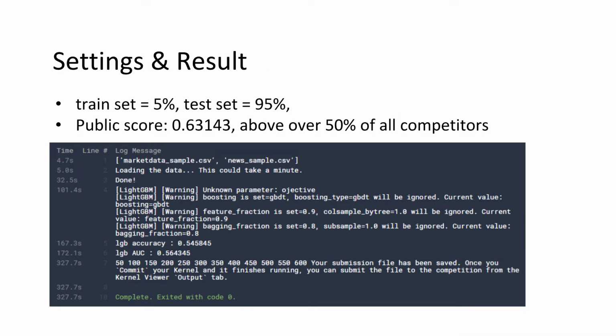So since we have 9 million records, if we set the train set to a rule of thumb of 50-50 or even 20-80%, the train set will be too large for us to get a result fast.